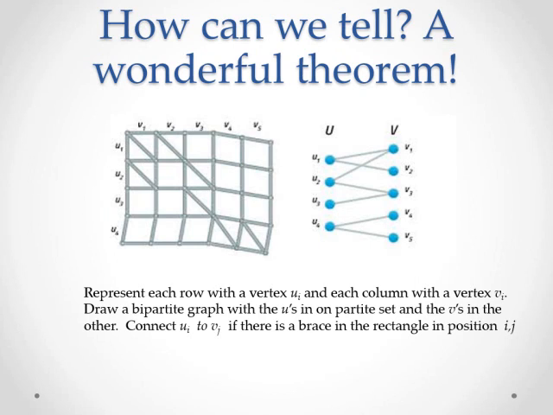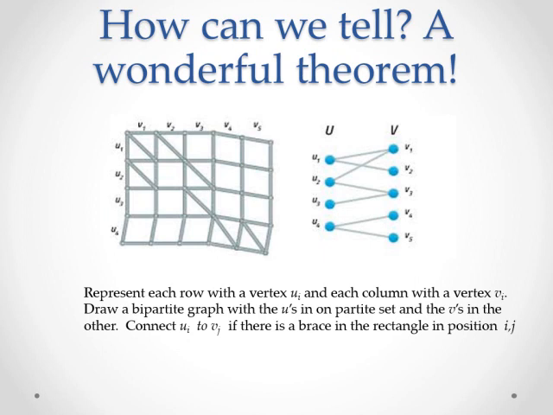We're going to label each column with a v: v1, v2, v3, v4, and v5. Now these are the vertices of our bipartite graph. We'll put all the u's in one partite set, all the v's in the other partite set.